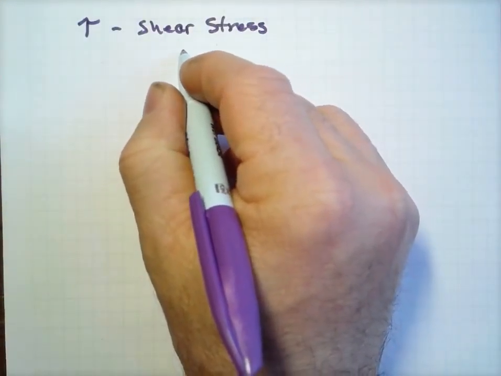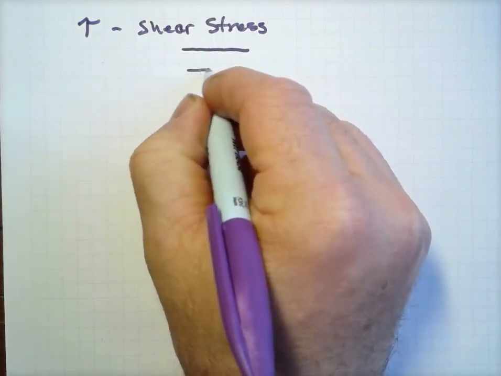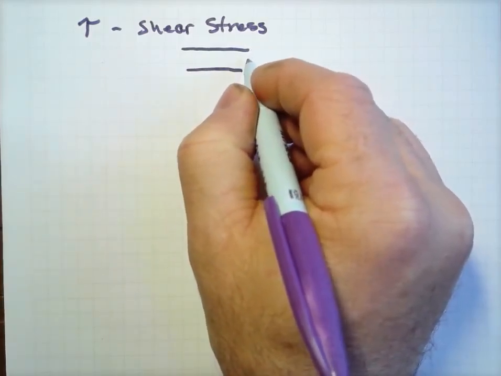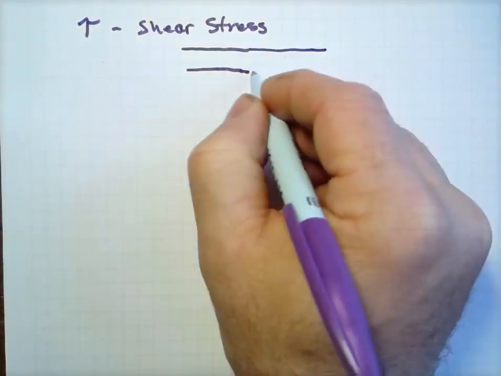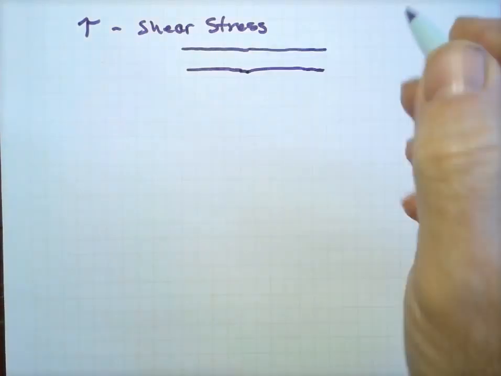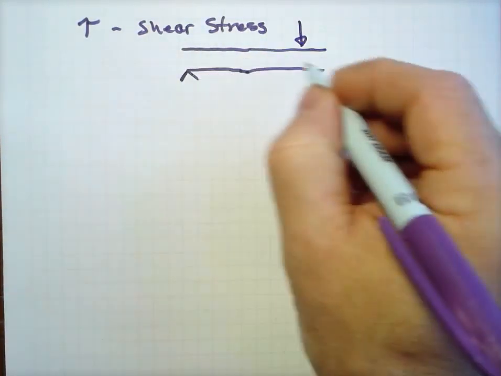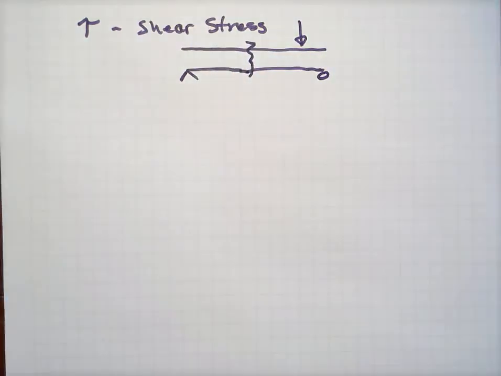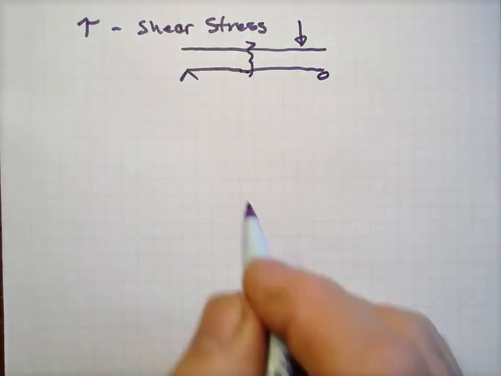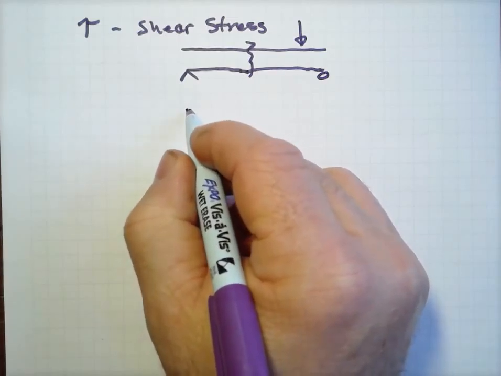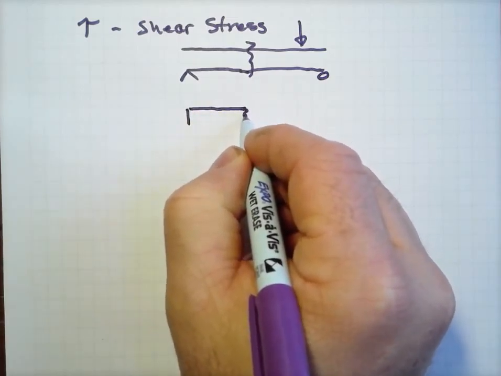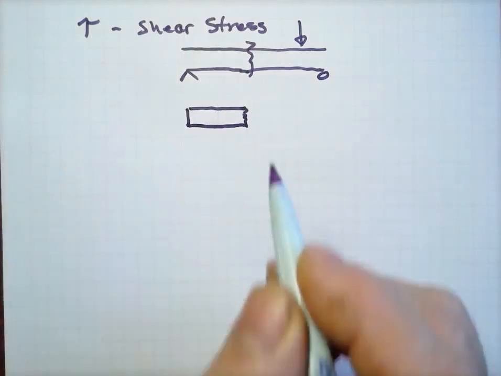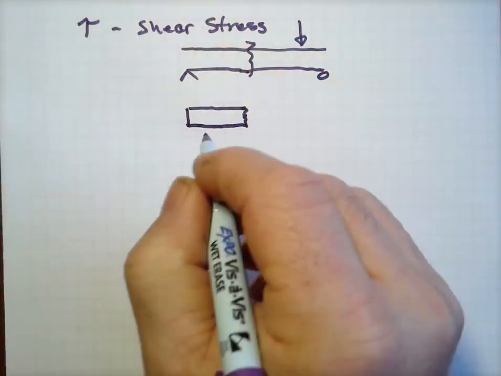So we've done quite a bit of looking at a beam that is under some kind of load. And then we take that beam and we cut a cross section out of it, and now we've got the beam, and we do a free body diagram.